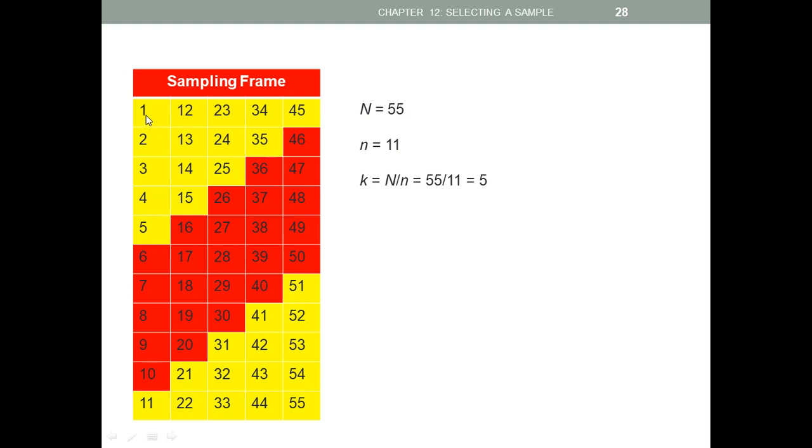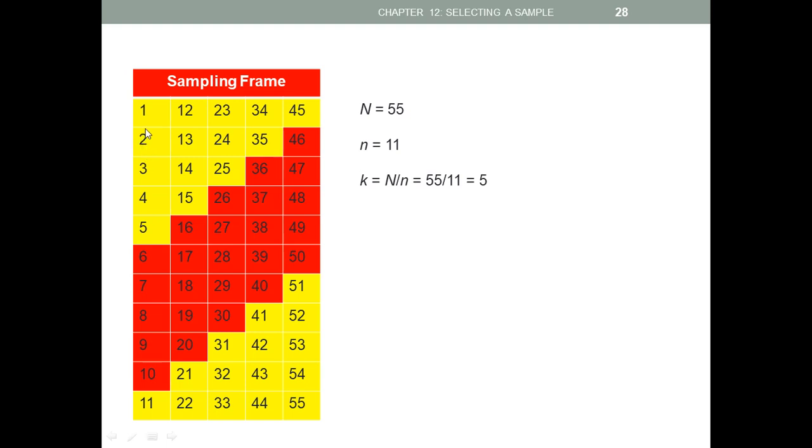You can write down numbers 1, 2, 3, 4, and 5 on pieces of paper, scroll them up, put them in a box, shake them very well, and select one. Let's say you randomly select number 2. So number 2 becomes the first respondent or participant in your study.